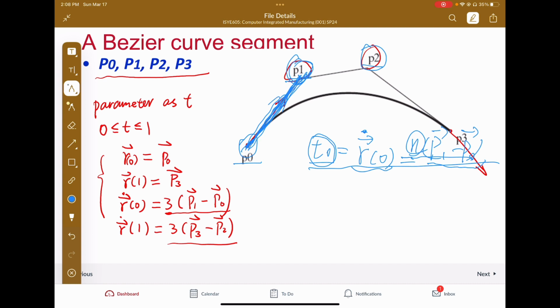So this equation just tells you this. They have the same directions. So we just use these 2 points to replace the tangent parts. We only have 4 points, but not the tangent components, to simplify the calculation.